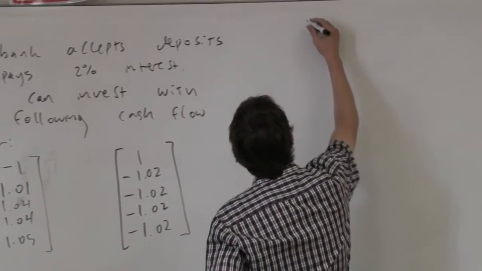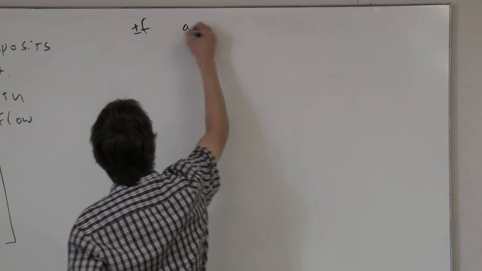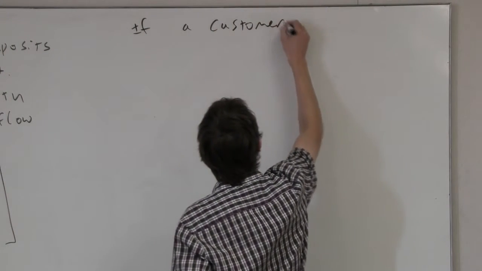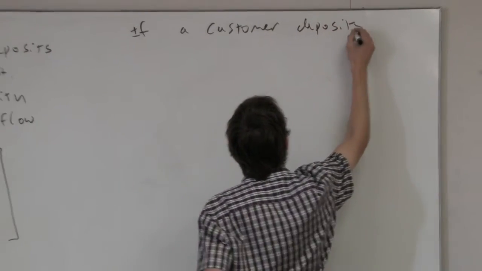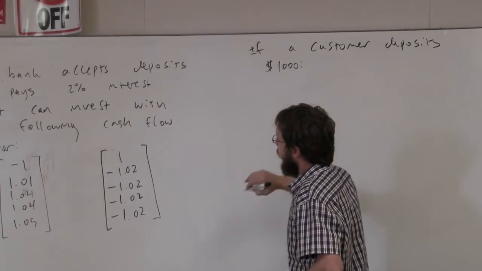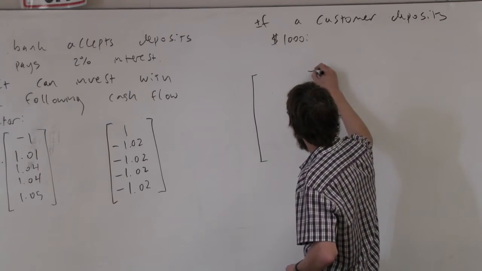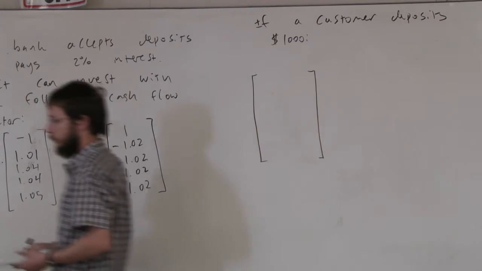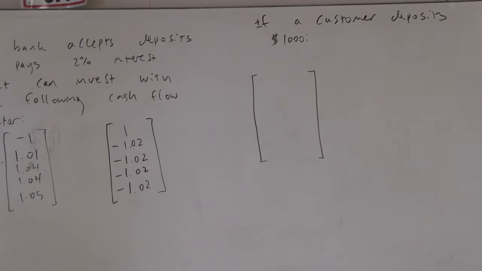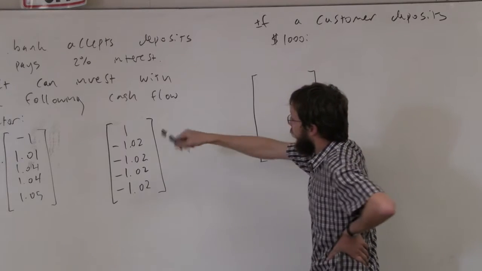So if a customer deposits $1,000, then we have this picture here. The bank's going to accept the money and invest the money on the same day, right? So here's the bank's investment vector.